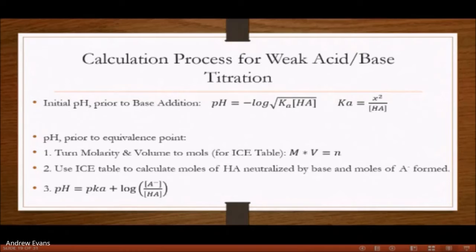Remember a couple pages ago, we said that in order to calculate the H plus of an acid, we had to take the square root of Ka times HA. So at the initial point, we have to do this step because of this setup.